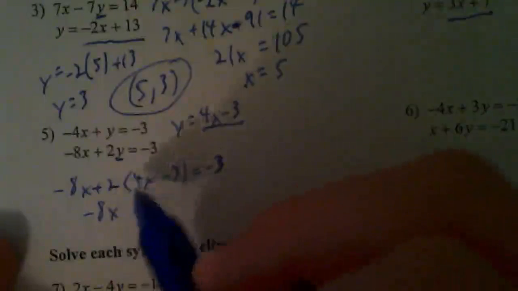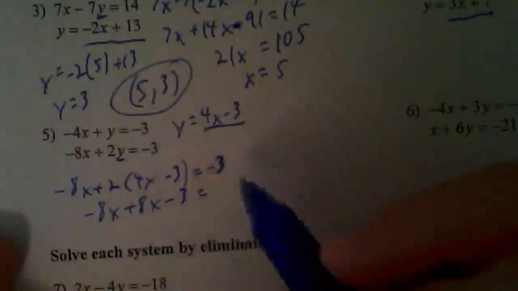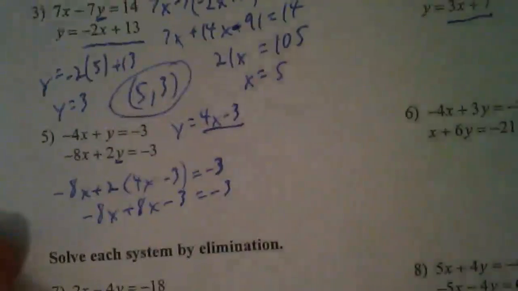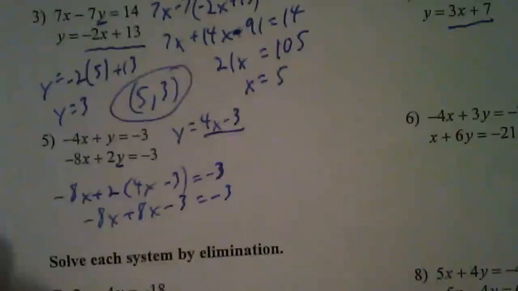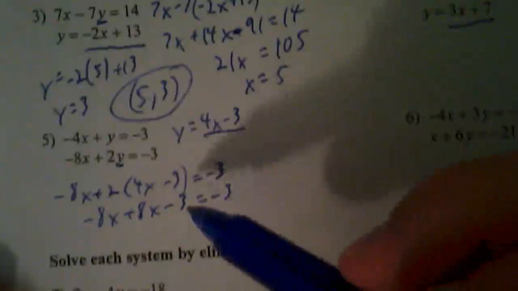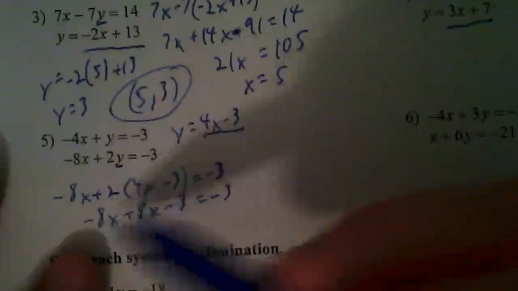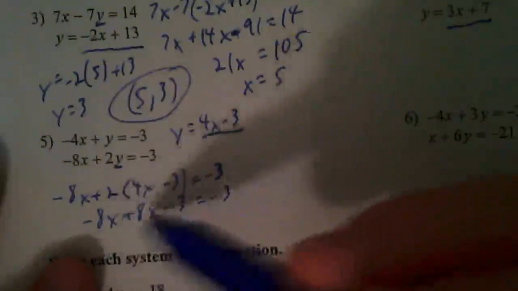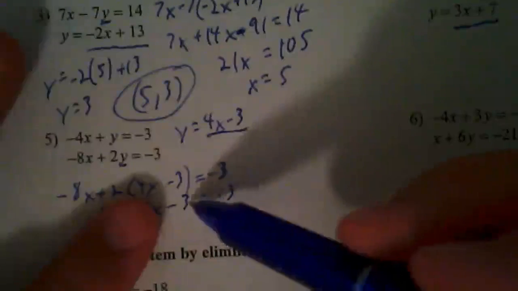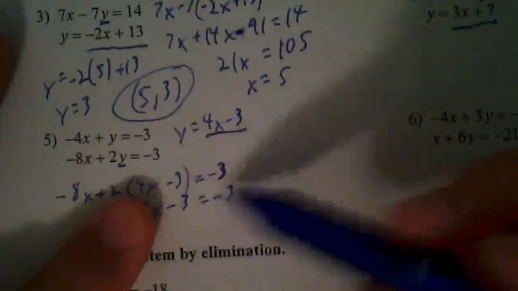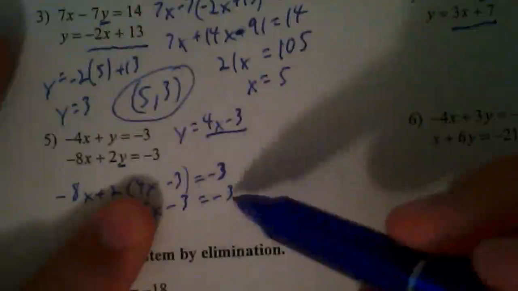The 2 again gets distributed, so we get negative 8x plus positive 8x minus 3 equals negative 3. And notice, if I forget to distribute on this one, these cancel off, and I end up with this, which makes it look like a true statement.